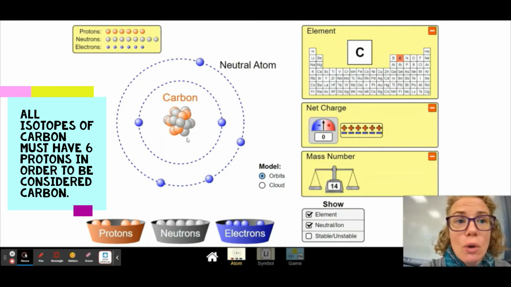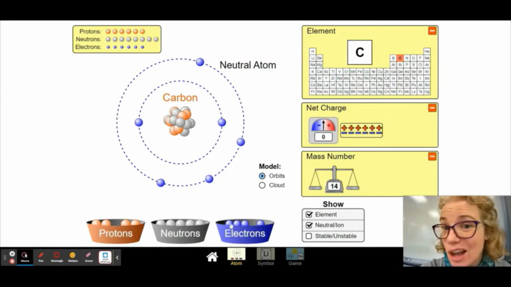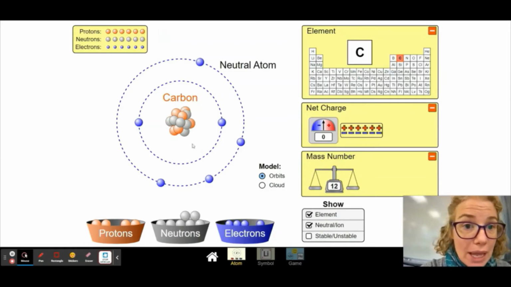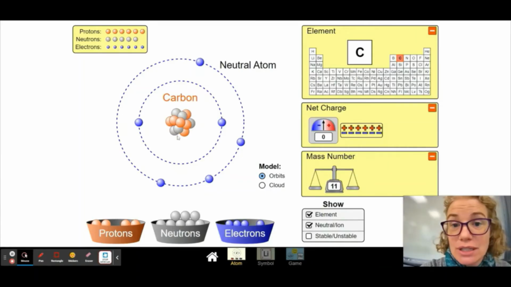So the protons can't be affecting the mass and making the mass vary from atom to atom. There's also skinny versions of isotopes. We could take away extra neutrons. So now this is carbon with a mass of 11. This can happen with lots of different atoms on the periodic table, and they're all isotopes. It just means they've got extra or missing neutrons.